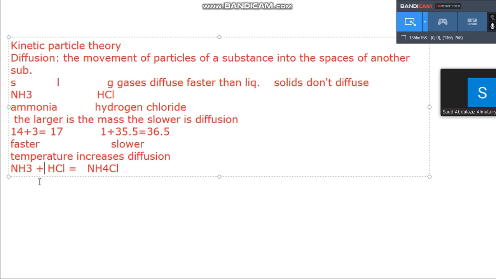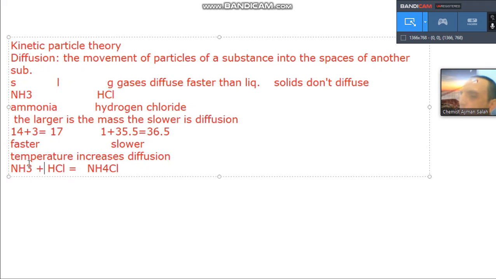If we put ammonia in one side, like in page 9, and the HCl in the other side, and we let them react together, they will give ammonium chloride. Will the ammonium chloride formed be nearer to HCl or nearer to NH3?